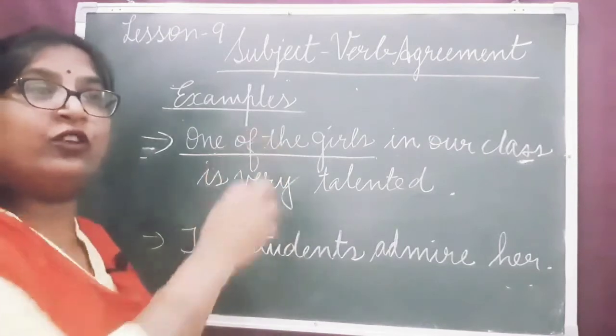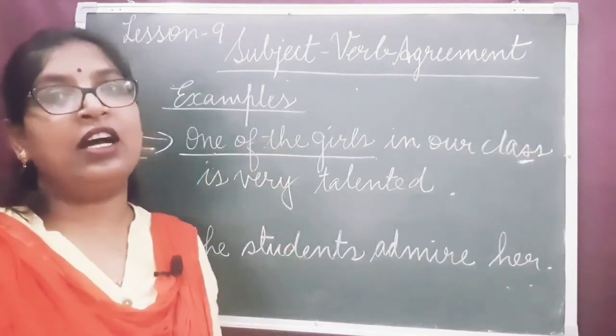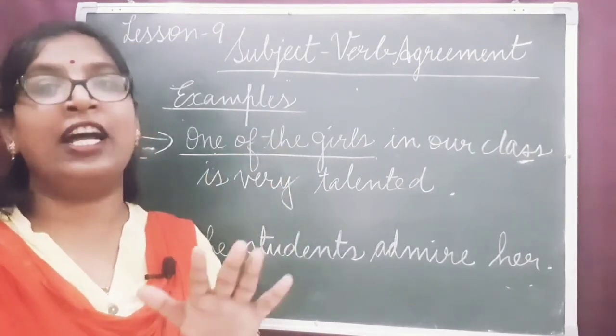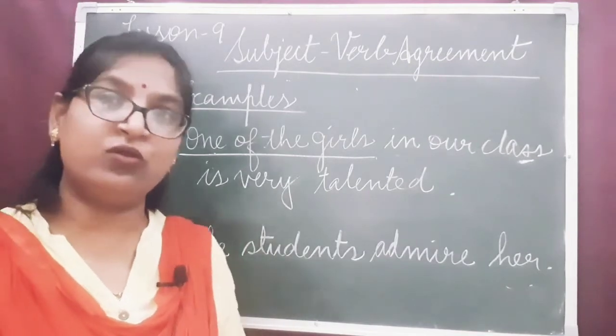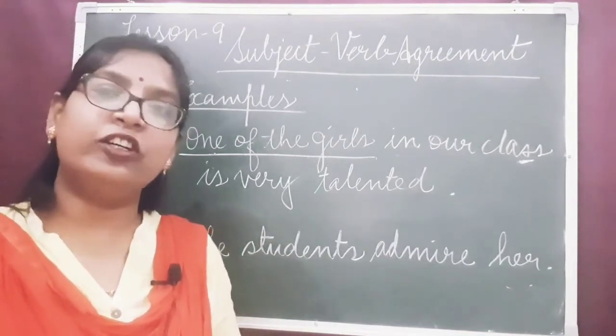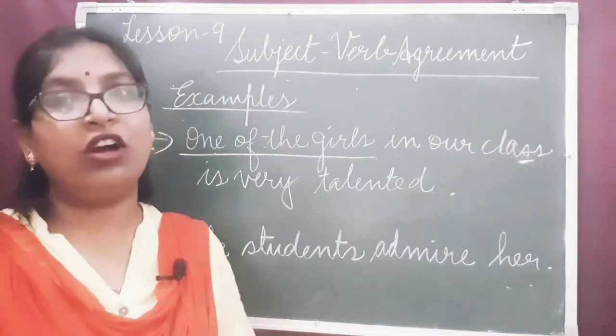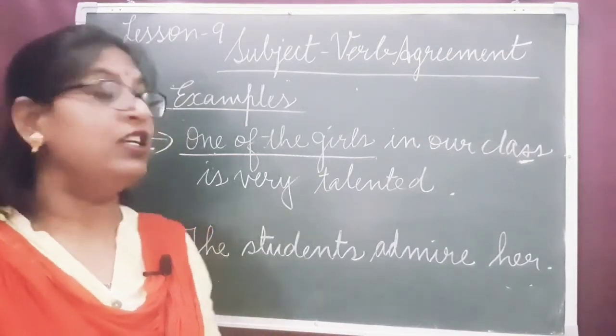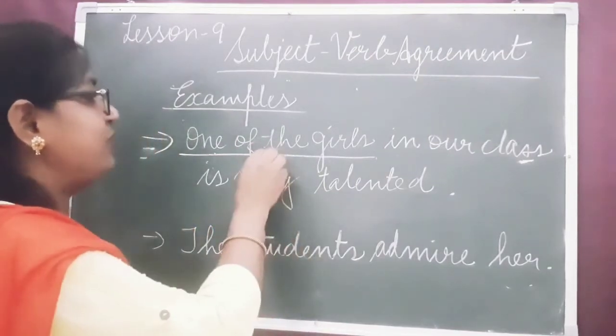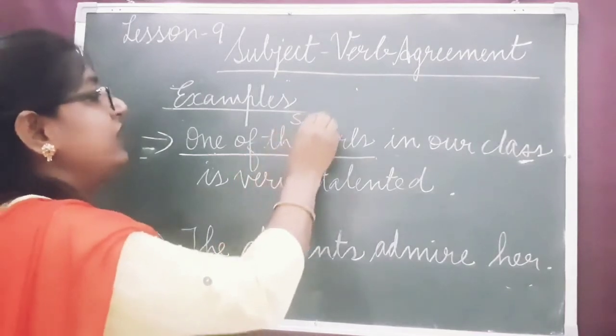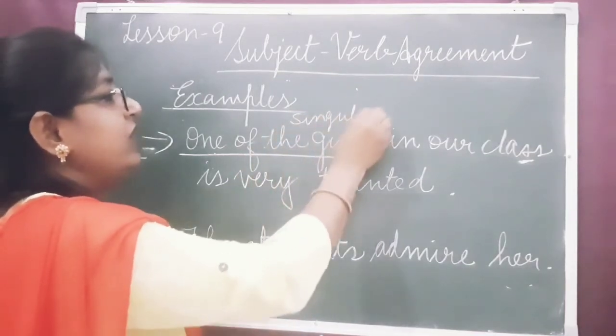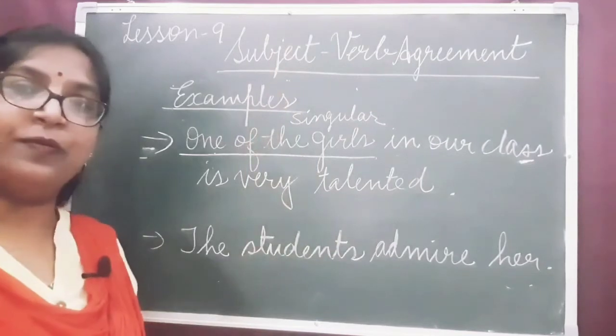We studied that according to the number and person of the subject, we use the correct form of the verb, and this is what is called the agreement. So, here the subject is singular. And what is the verb?